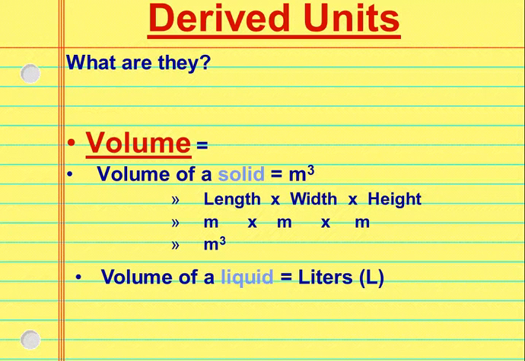So it is a little bit different, with a derived unit for solids and not for liquids. However, they're comparable. If I have 1 milliliter of a liquid, it is equivalent to 1 centimeter cubed of a solid, so they have a similar volume.